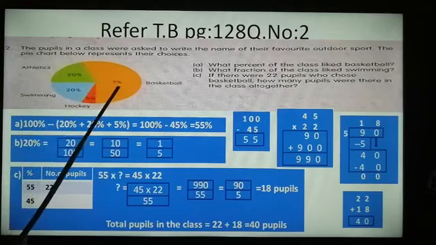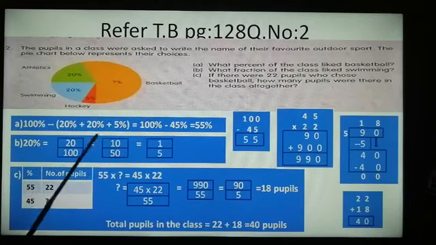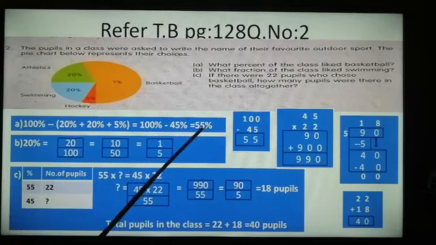Okay, so we will use the formula we learned in direct proportion. That means percentage is given and we have to find the number of pupils. So for basketball, we already found 55%. That means 22 pupils. Okay, 55 percent, the number of people, means 22.